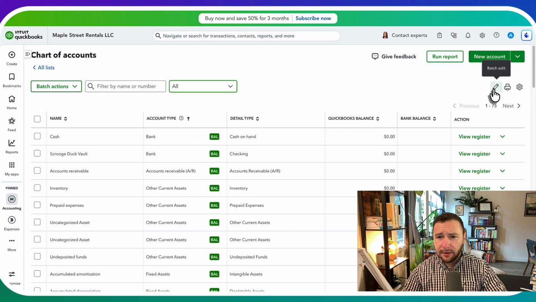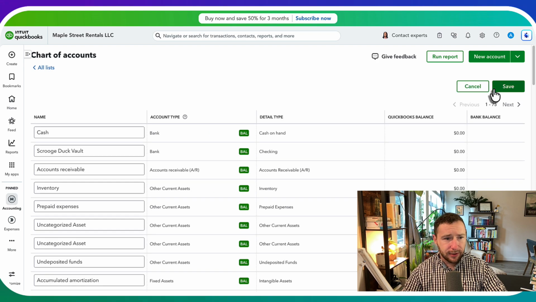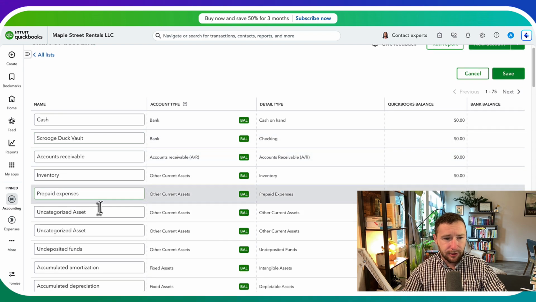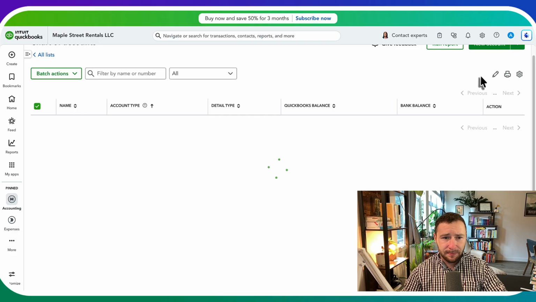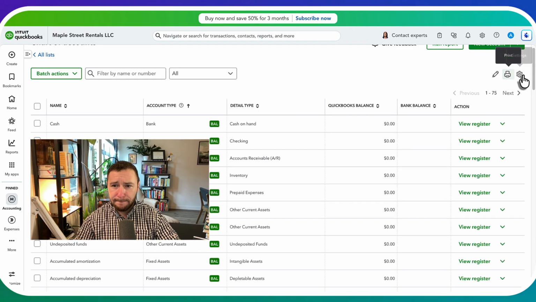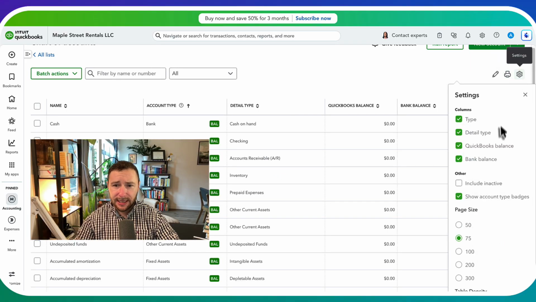And there's other editing tools over here, such as going through and editing all the names. And then under settings, you can decide which columns come up. You can decide whether you want to include inactive accounts on this list, and you can decide how long you want the list to be.